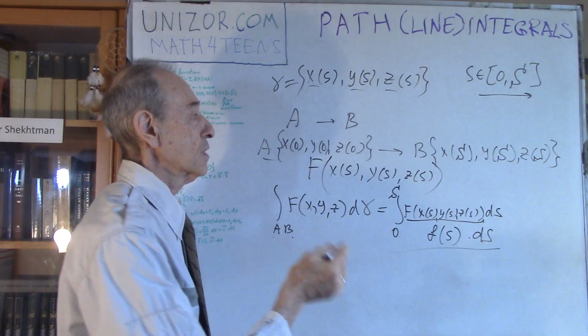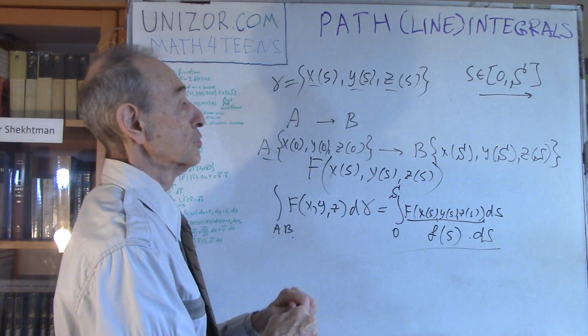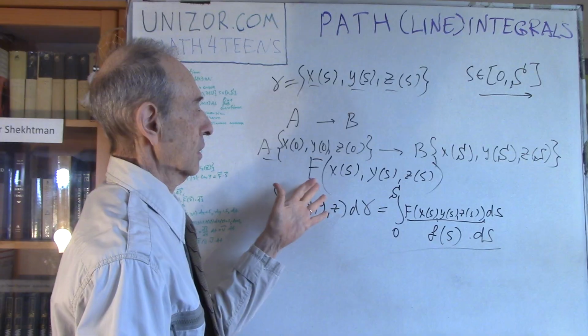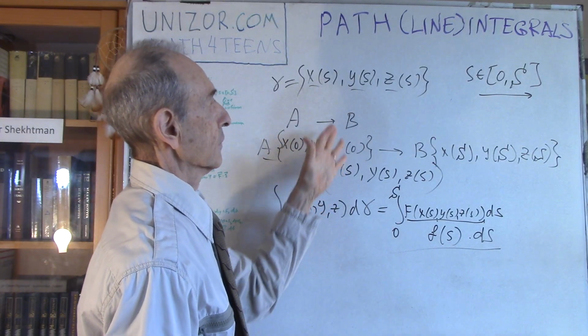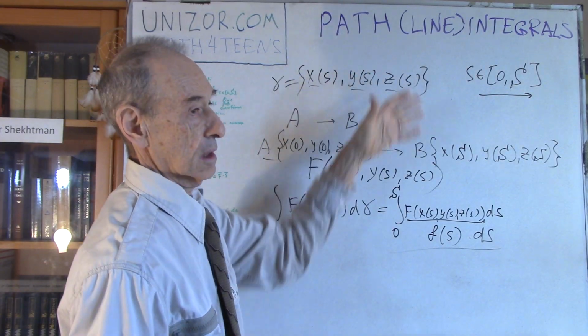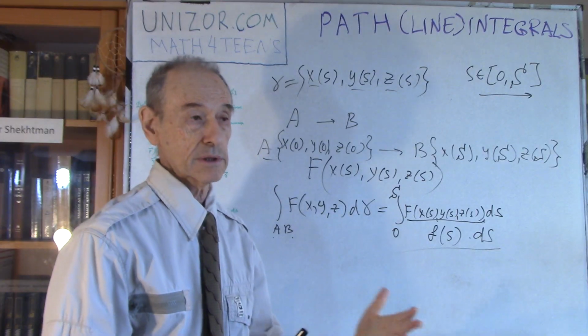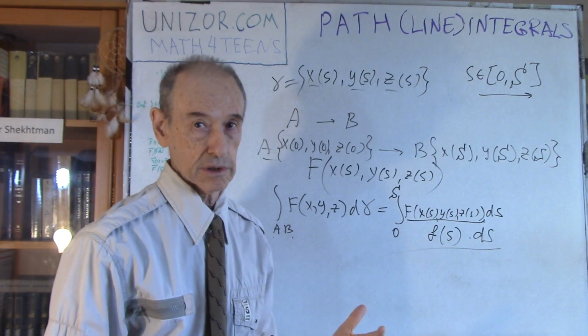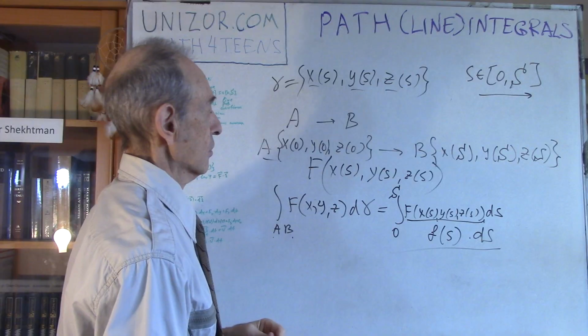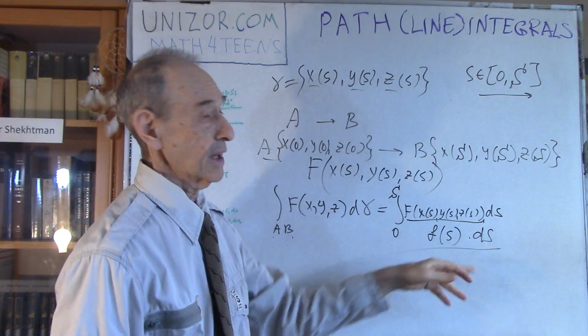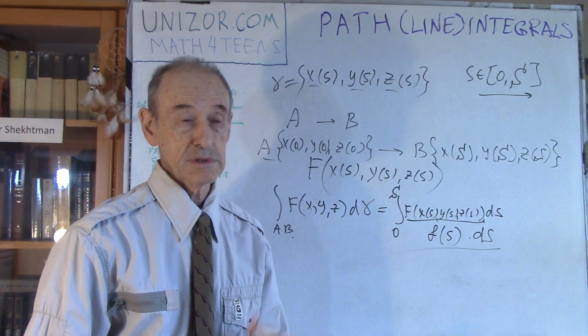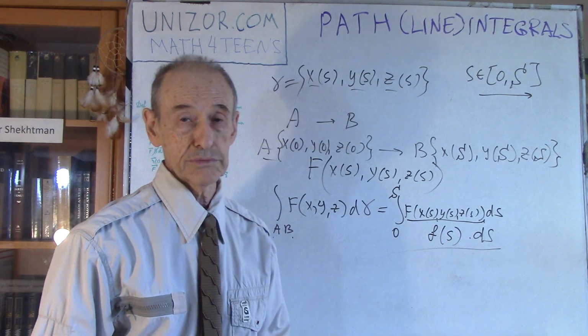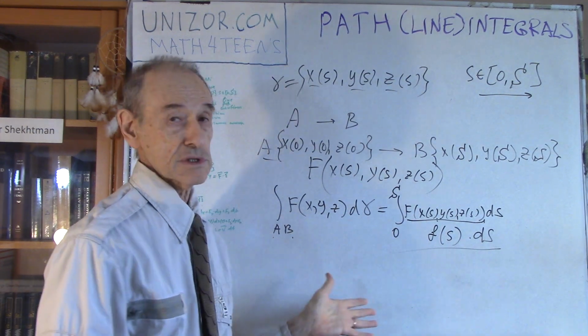So this is how we have basically reduced the concept of integral along the path, or line integral, or curvilinear integral, as it is sometimes called. So this path integral is basically defined by reducing it to the definition of the regular integral, and there is no mystery in it.